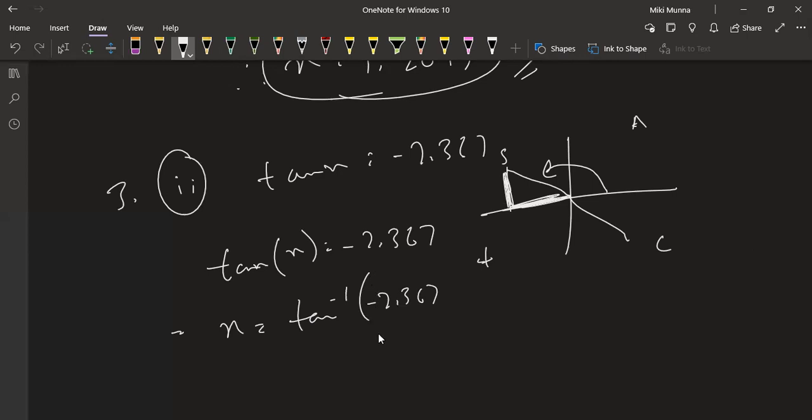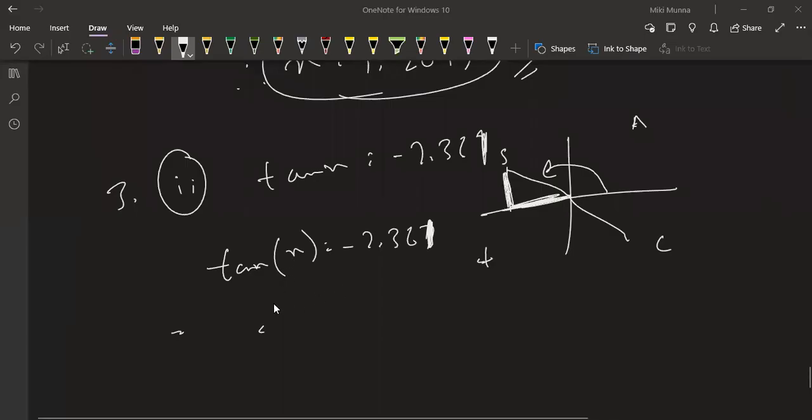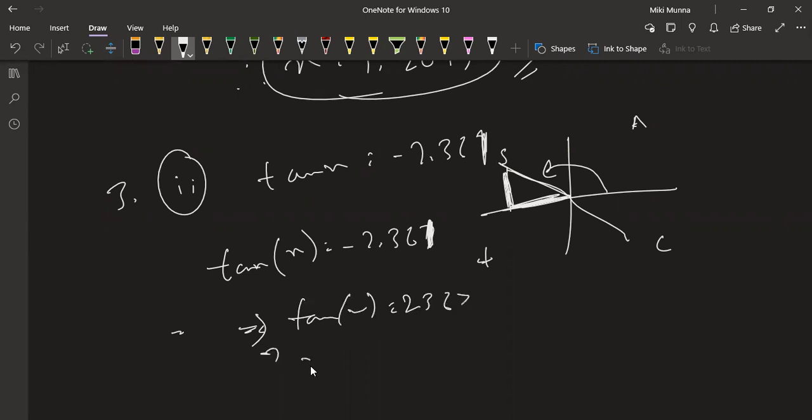That shouldn't be the case. Since we have already considered the negative portion in the quadrant, we can consider tan x equals 2.367, and solving for x, we get 1.17106. That means this angle is actually 1.17106.